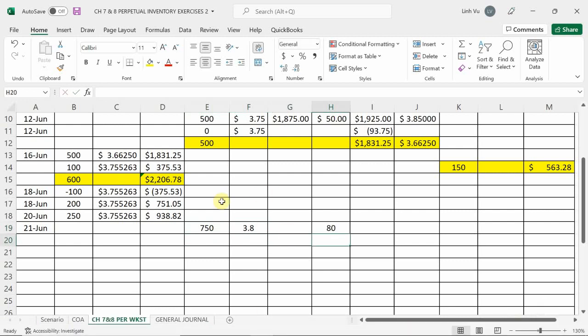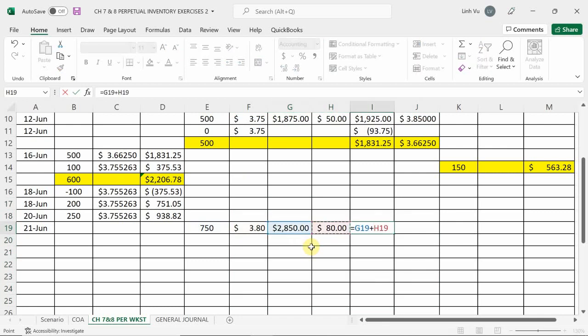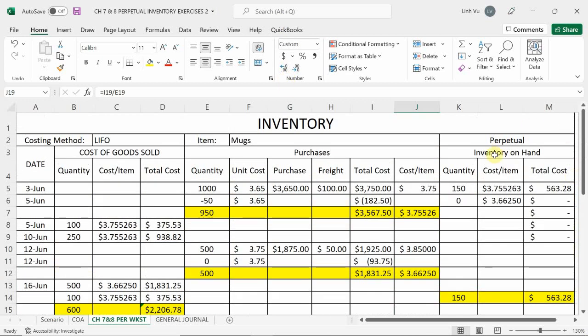So what's my purchase price going to be? $2,850 plus $80 is $2,930. That gives me a cost per item of about $3.90666.